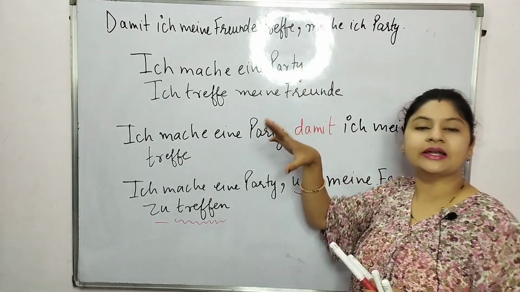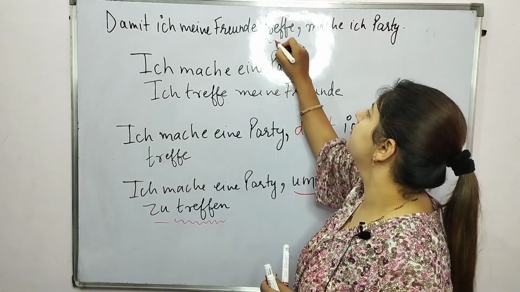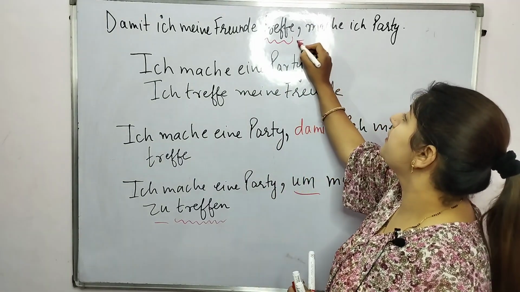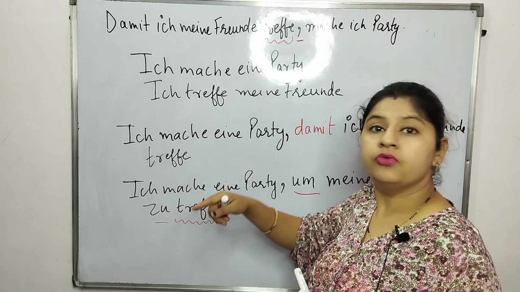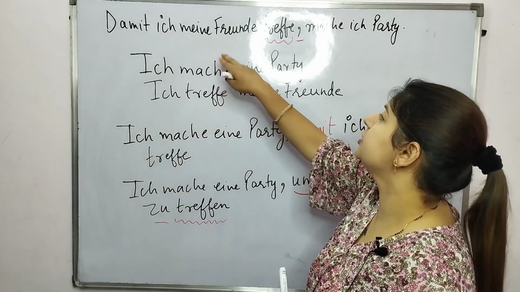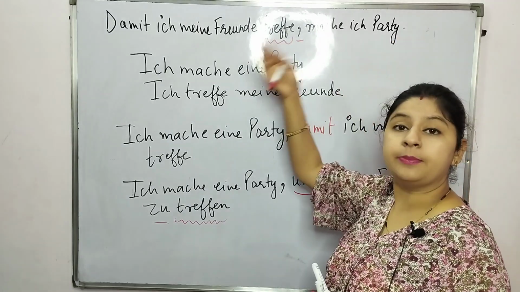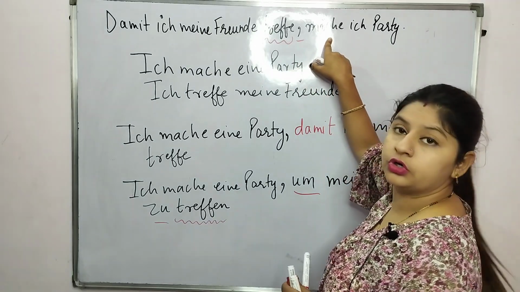When you are starting the sentence with damit, you have to take care the verb should be at the end, and then again we write the verb. We will not write: Damit ich meine Freunde treffe, ich mache eine Party. This will be wrong. After the comma we put the verb.